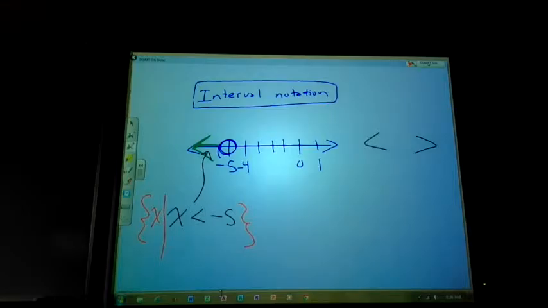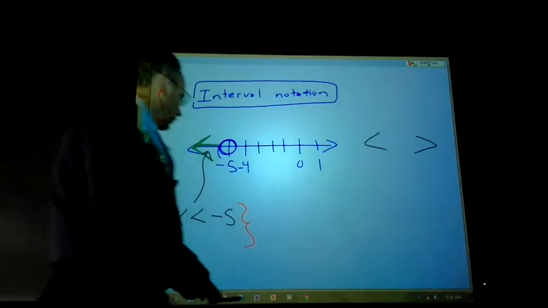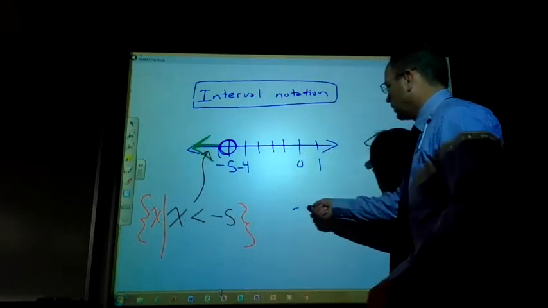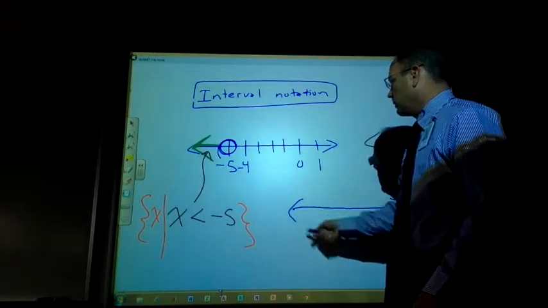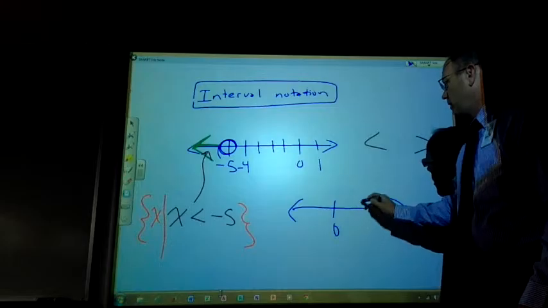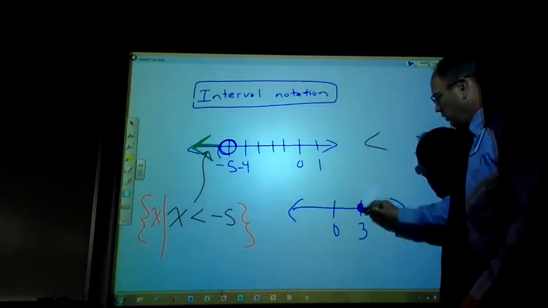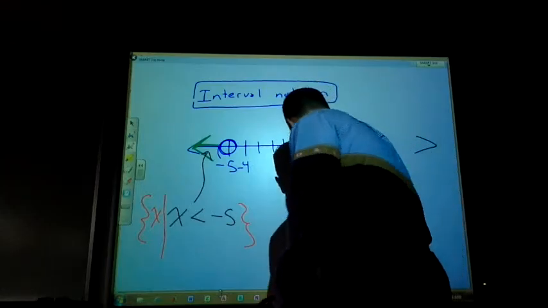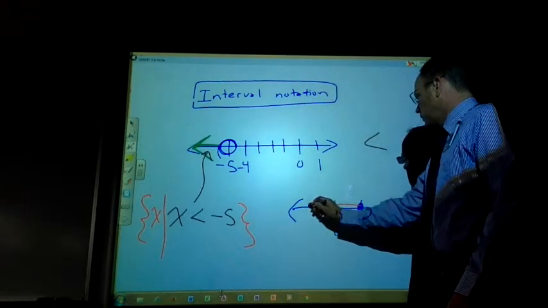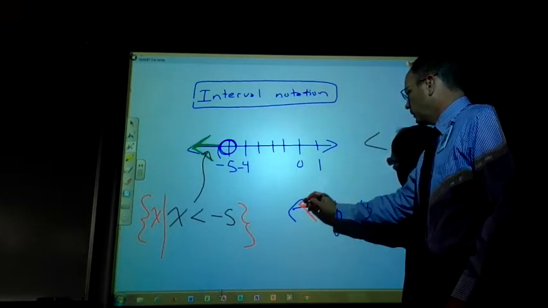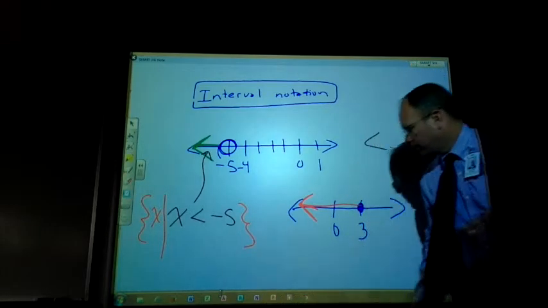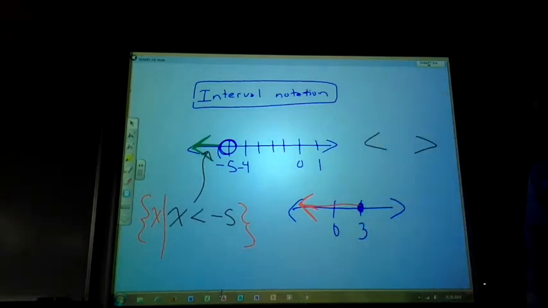So it's the fancy squiggles. You make your equation from it. So let's take a problem like this. Let's say we had 0, we had 3, closed circle. It's going that way. So I want numbers bigger or smaller than 3? Smaller.